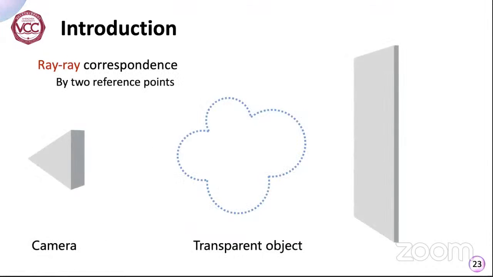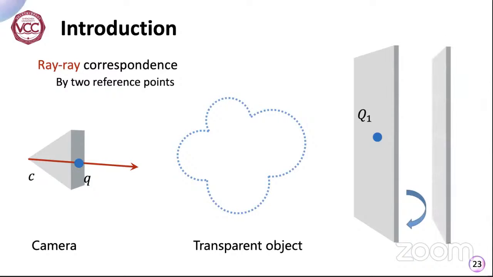After obtaining this ray-pixel correspondence, we rotate this background monitor and capture the data once again. Then we can collect this Q1 and Q2. This ray-pixel correspondence is converted to the ray-ray correspondence, which means the very first ray that enters the transparent object and the last ray that exits this object, marked as the red zone here.